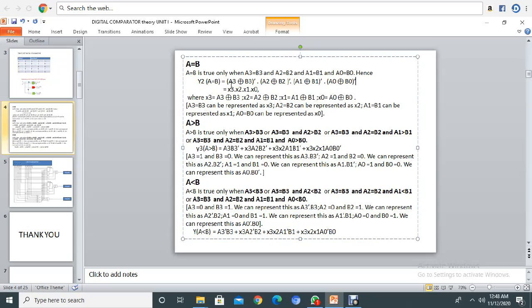If A3 is equal to B3, why am I using XNOR? In XNOR gate, the output will be 1 when both inputs are the same.